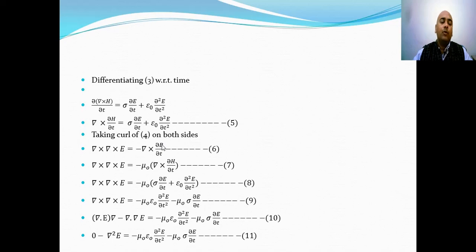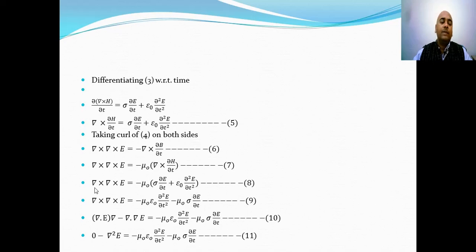B is μ₀ into H. So from here it is curl of ∂H/∂t, and from equation 5 we can put the value of curl of ∂H/∂t to be σ ∂E/∂t plus ε₀ ∂²E/∂t².